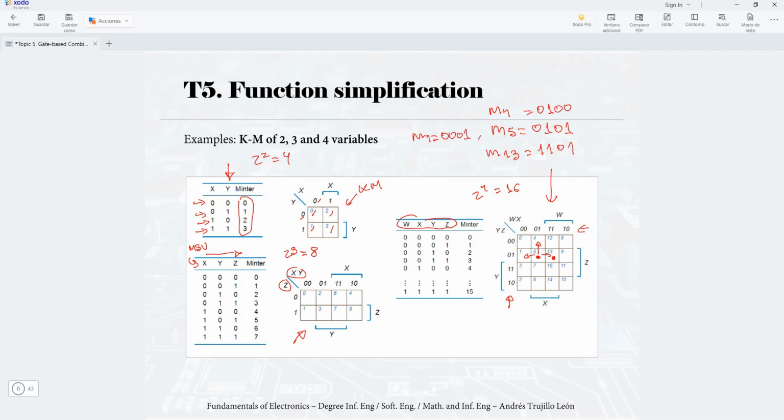If we look, for example, downward, we have 7, and 7 is this minterm. So you can see that the distance between minterm 5, that is these cells, and the cells that are nearest horizontally and vertically, the distance is always 1.